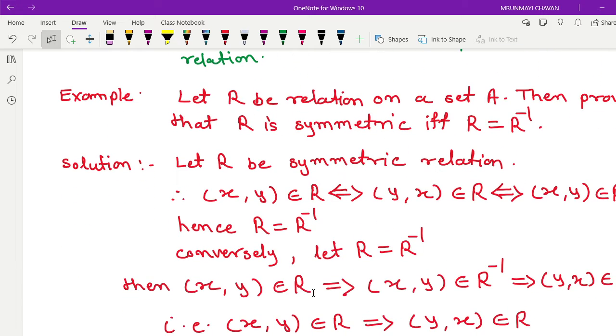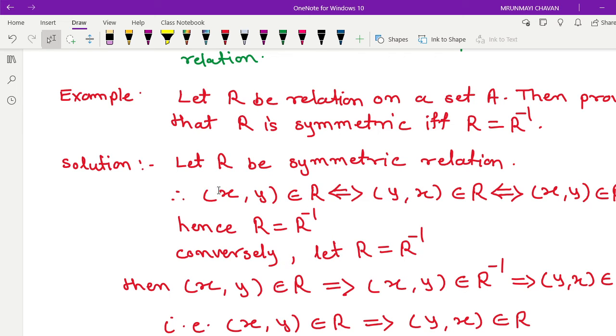Next example. Let R be a relation on a set A. Then prove that R is symmetric if and only if R is equal to R inverse. That means we have to prove two parts, the condition is sufficient and necessary.